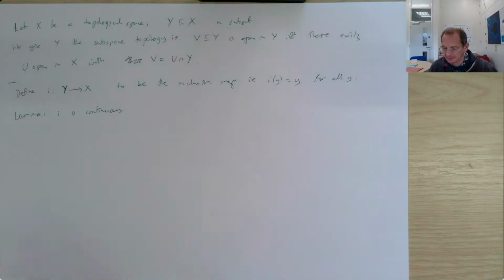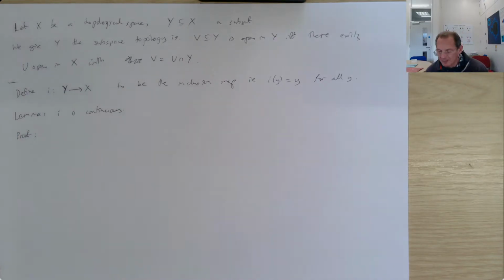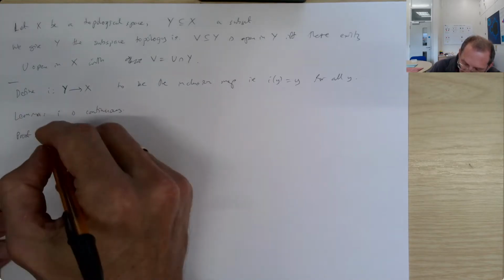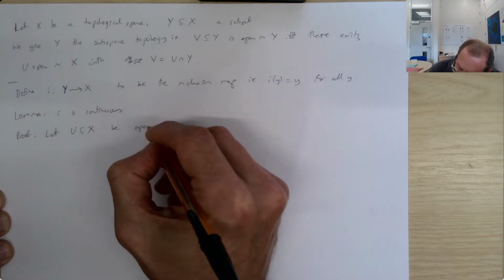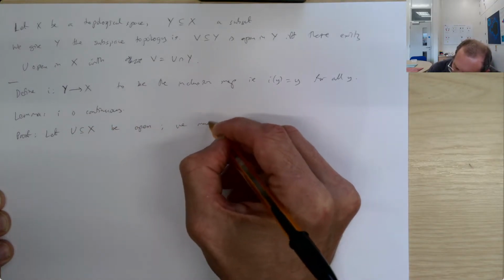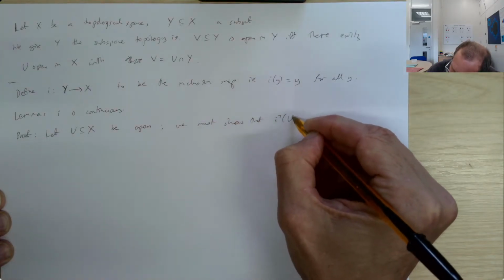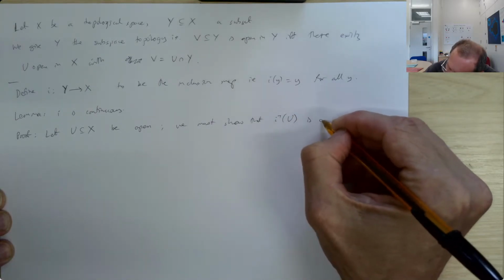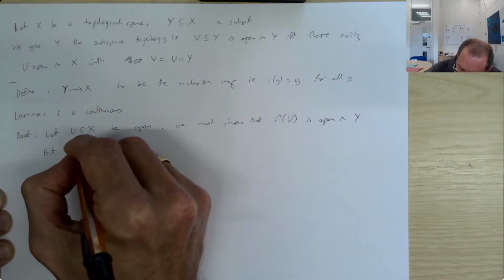Okay, so what does that mean? Remember we're dealing with topological spaces. In the context of topological spaces, the definition of a map being continuous is that the pre-image of any open set should be open. So I have to say, let U be open. Show that i inverse of U is open in Y. But what is i inverse of U?